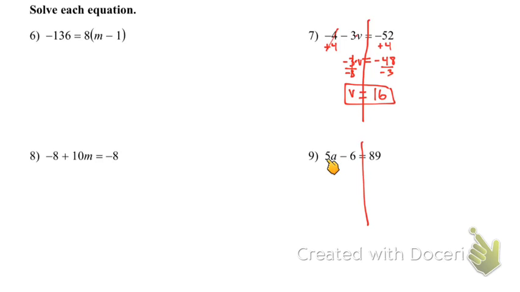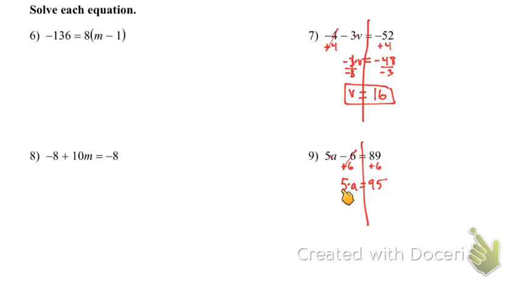We've got to get rid of the 5 and the 6. We've already checked for distributive property and CLT for both sides. So 5 is multiplying, the 6 is subtracting, so we get rid of subtraction first by adding to both sides. So now we have 5 times A equals 95. And how do I get rid of something that's multiplying?